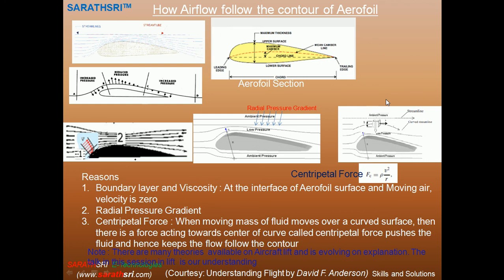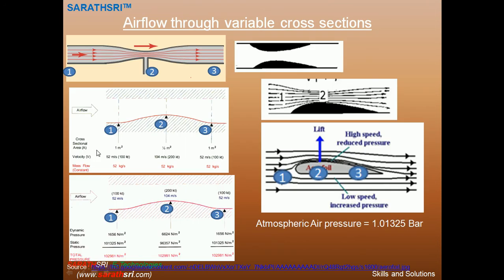Here there is more curvature, so there is more lift, and that can be seen. Now the question is how airflow will follow the contour of the airfoil. In the airfoil section, this has more curvature compared to the lower surface. As the air impinges here, it splits into two parts, the upper surface and lower surface. As already discussed in the previous slide, there is a velocity gradient and streamlines in this direction.